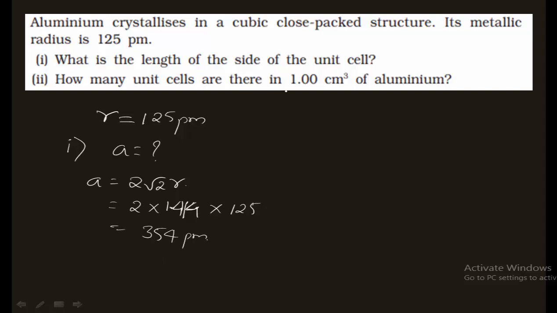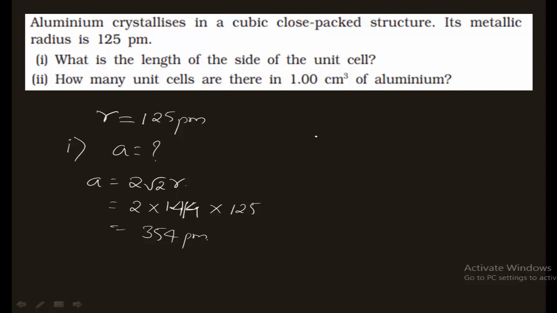Now how many unit cells are there in 1 cm cube of aluminium? Suppose if we take 1 cm cube of aluminium, how many unit cells are there? That we need to calculate. So first we have to calculate volume of unit cell.